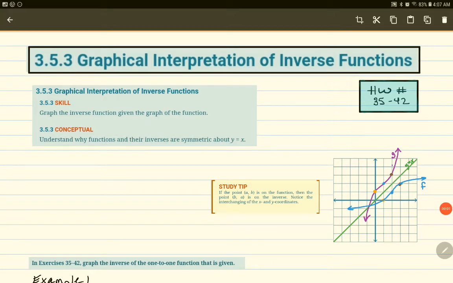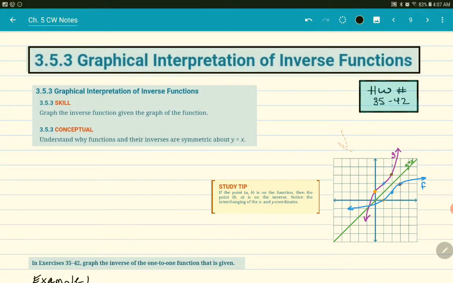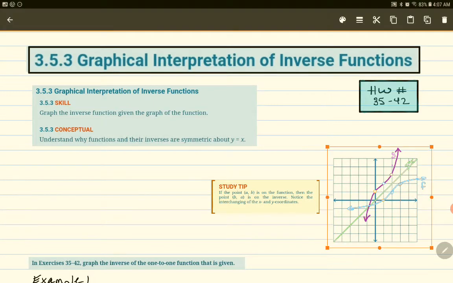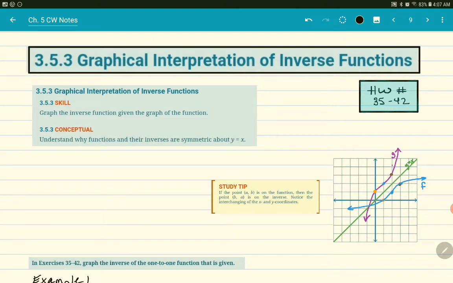Now we're looking at graphical interpretations of the inverse functions. So in the last section, we looked at this graph here where we draw the y equals x line right here. And we see that g and f, if they're inverses of each other, are reflected over that line.